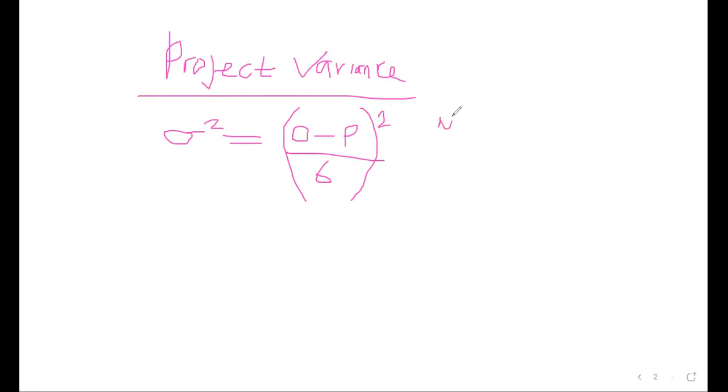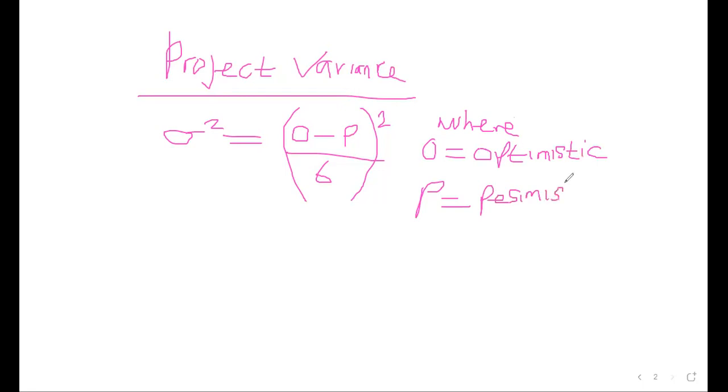So here, our O is the optimistic time, and P is the pessimistic time. And the 6 is a constant.